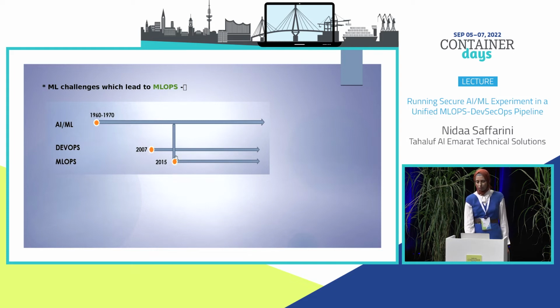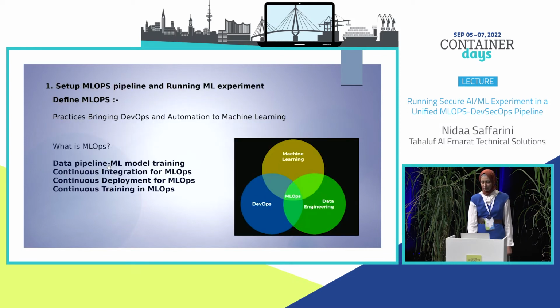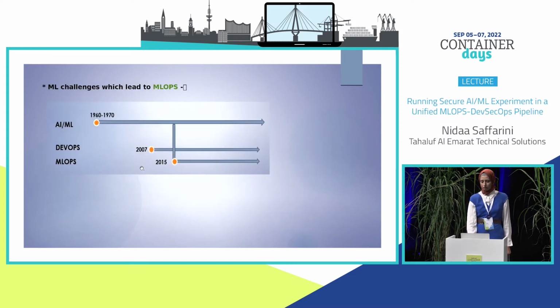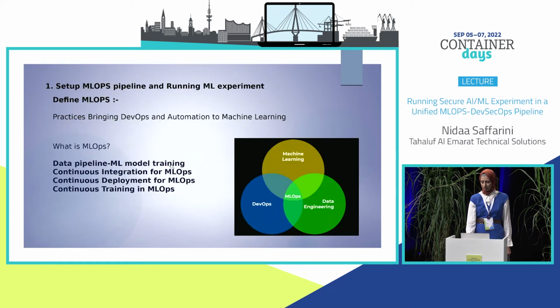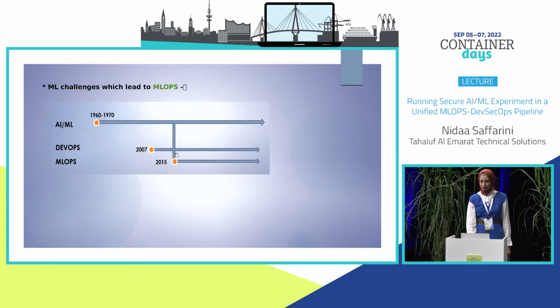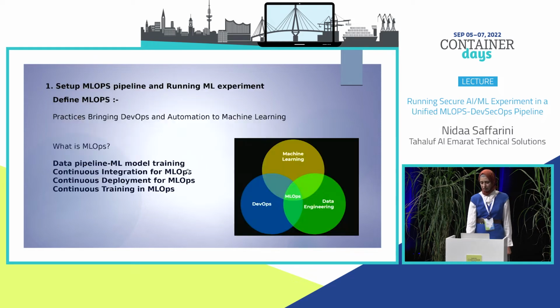Given the challenges while building machine learning models, we could take the benefits from the DevOps principles, and we started to use MLOps as a combination of DevOps tools with AI in 2015.